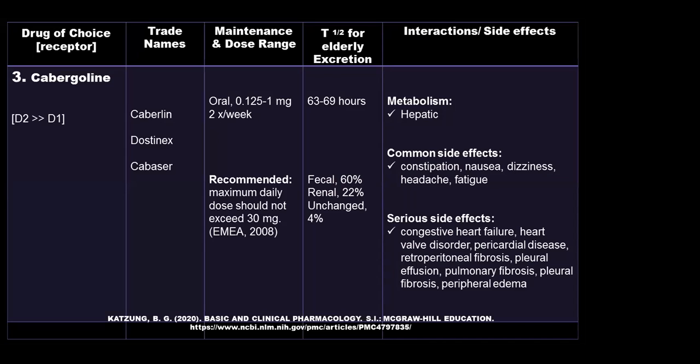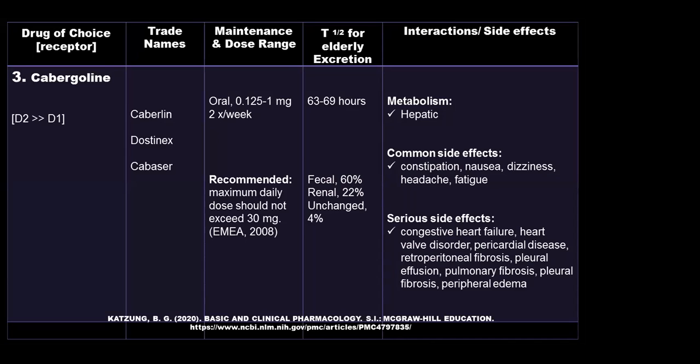The third one will be the cabergoline, which is an orally available long-acting drug because it has a half-life of 80 hours. It is a D2 dopamine receptor agonist. So due to its long half-life, it is administered in a once-a-day fashion, and it significantly delays the onset of motor complications.